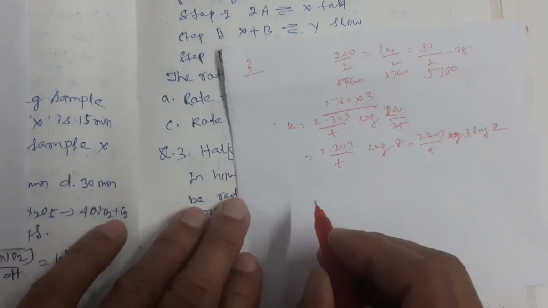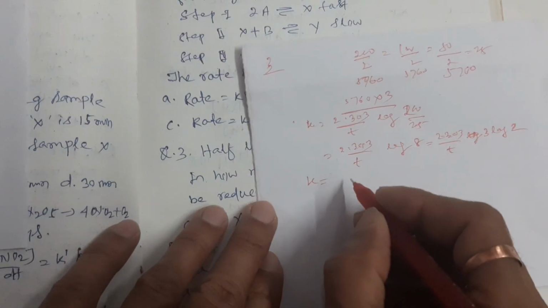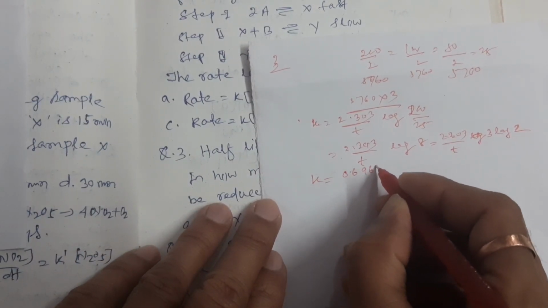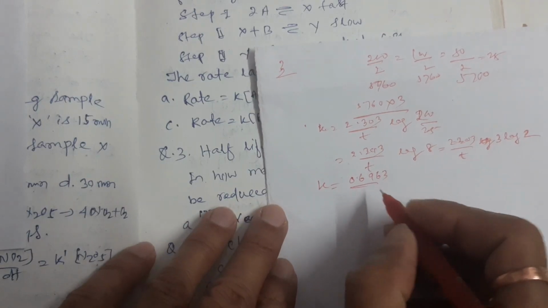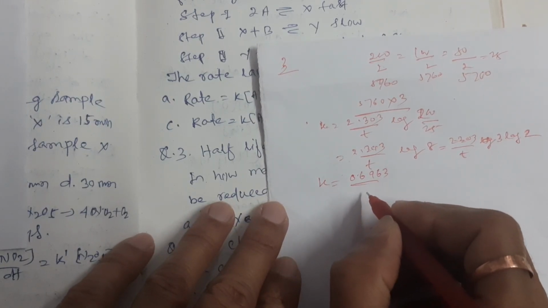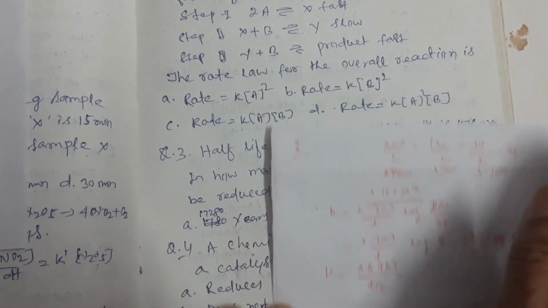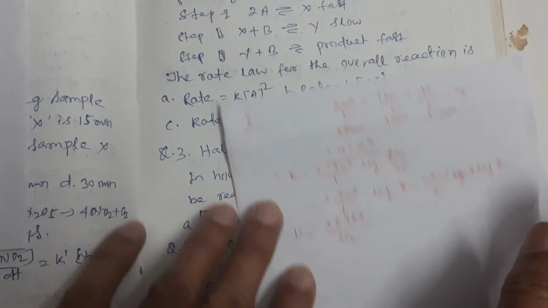Another way, k is equal to 0.693 by half-life, and this half-life is 5760 years.